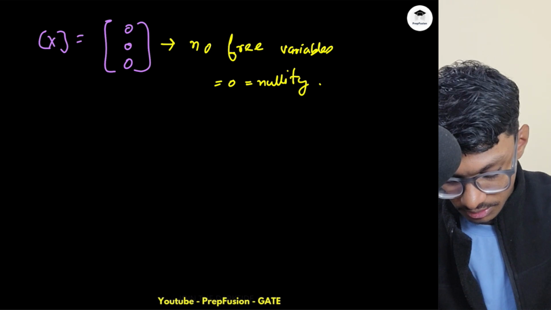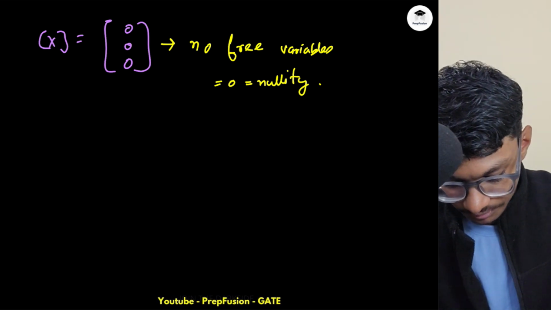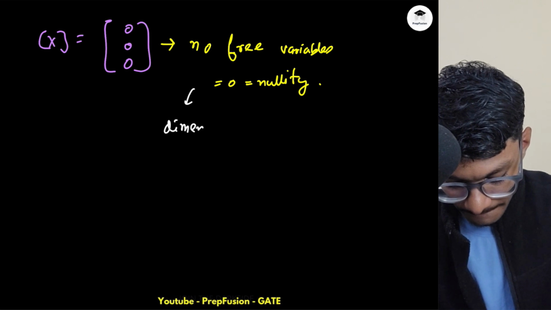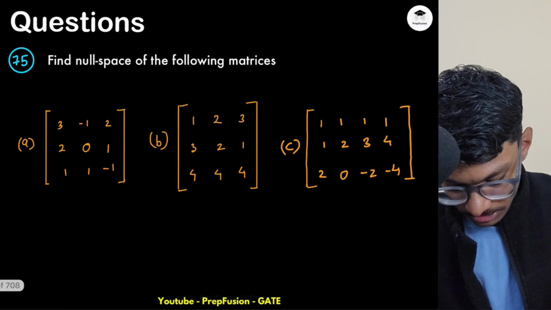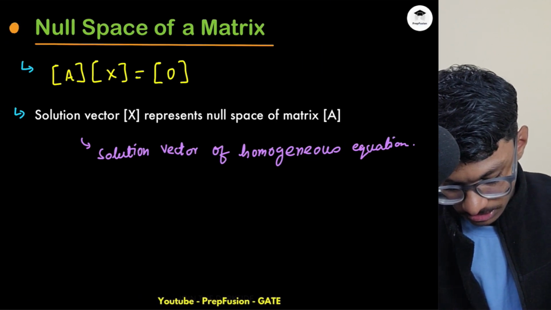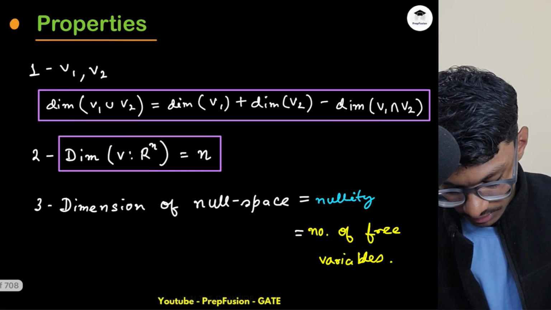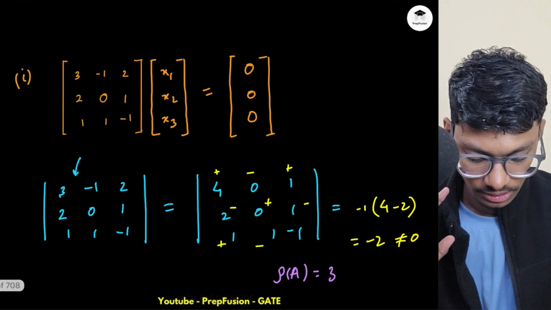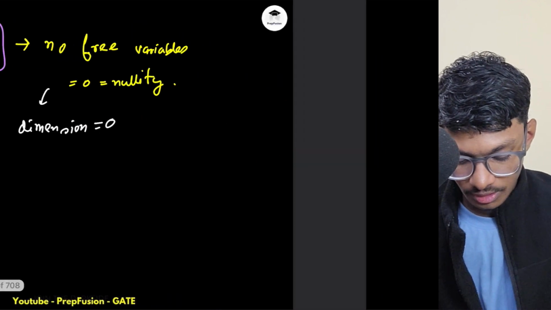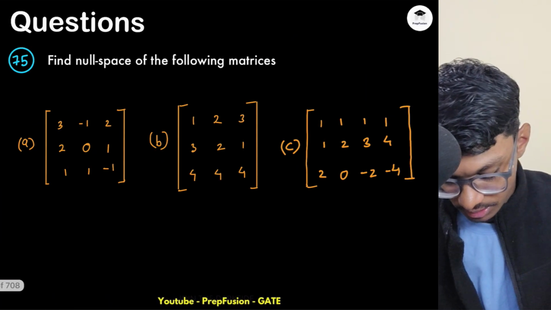So I can say the dimension is 0, right? So yeah, that is basically what this means. So the dimension of the null space is the nullity. From there also we can understand that this will have no free variables. Okay, so let's solve this B part.